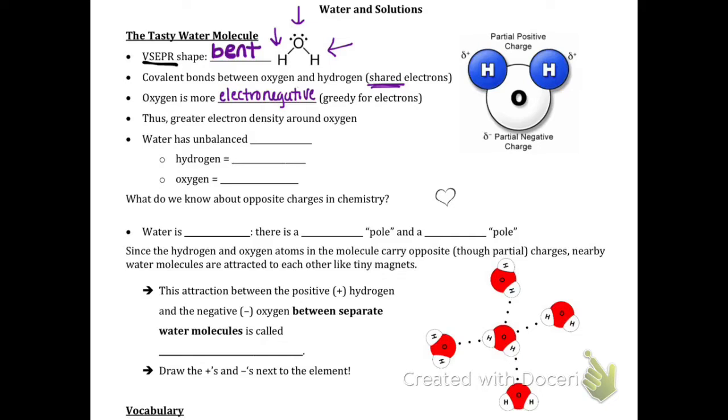So it wants electrons closer to oxygen. That means that the electron density is actually closer to oxygen. So that's why water has unbalanced charges.